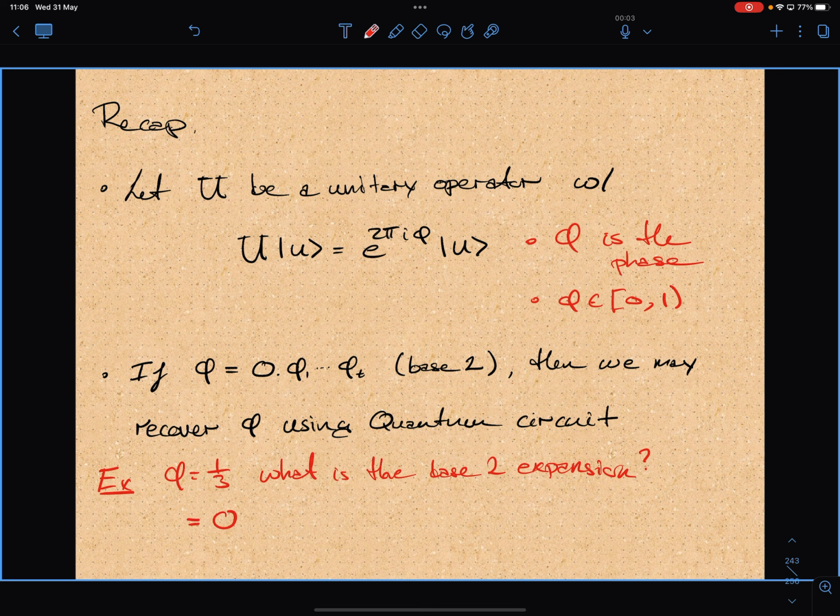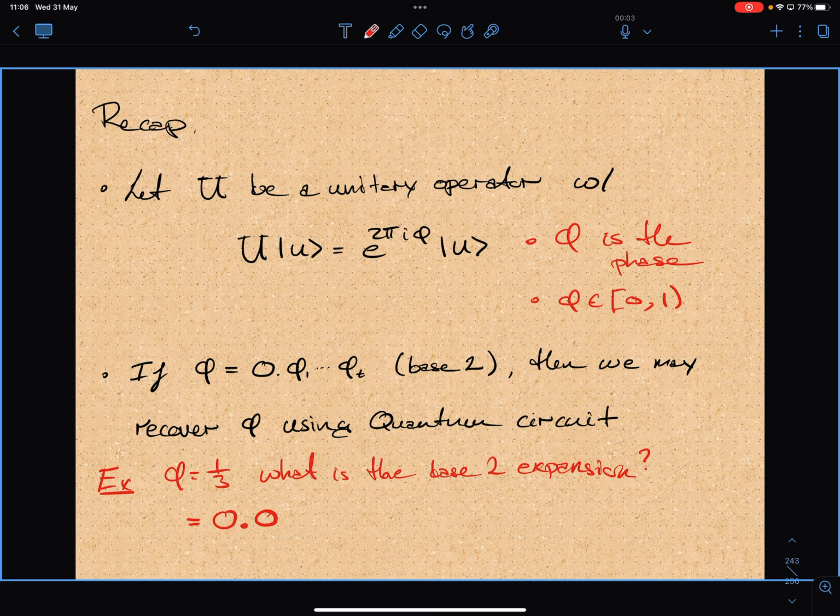In base 2, it's going to be 0. point 0, I know that for sure. I didn't do this ahead of time, so we're going to do this in a democratic way. What's the next digit?